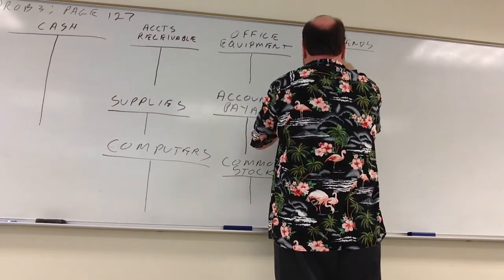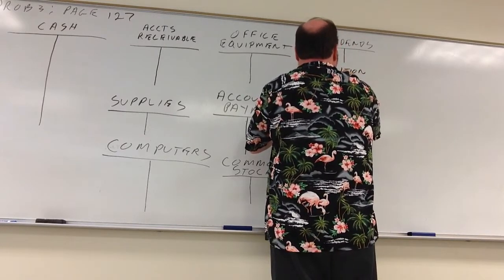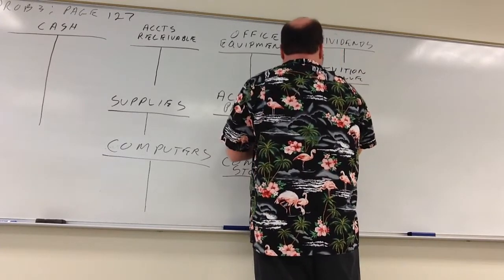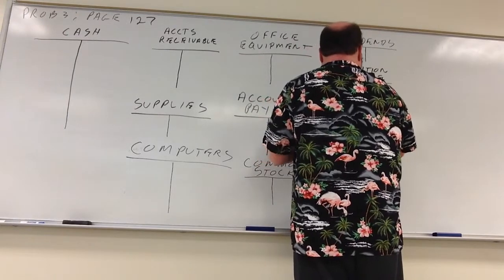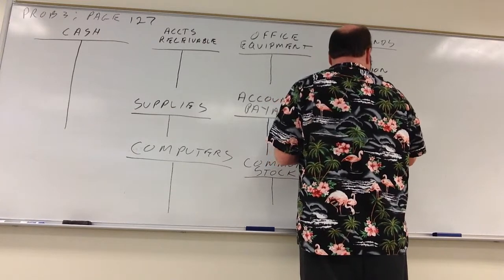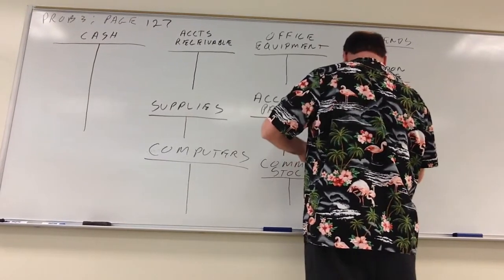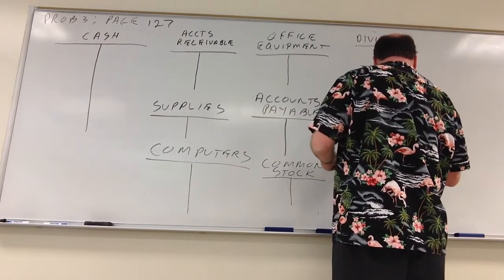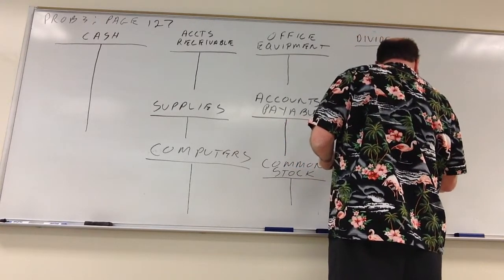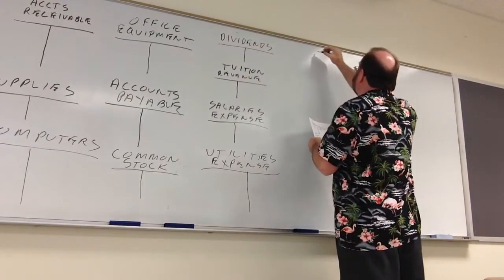So tuition revenue. Salaries expense. Utilities. And then the last 3 are rent expense.